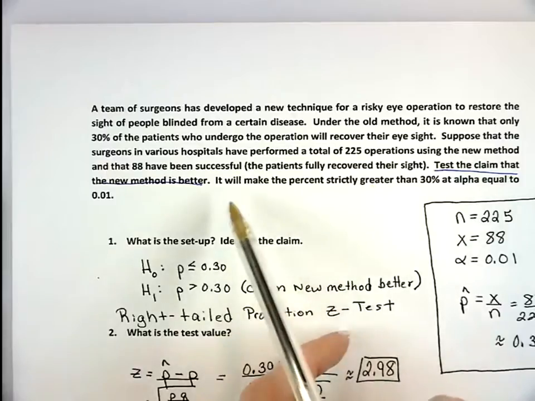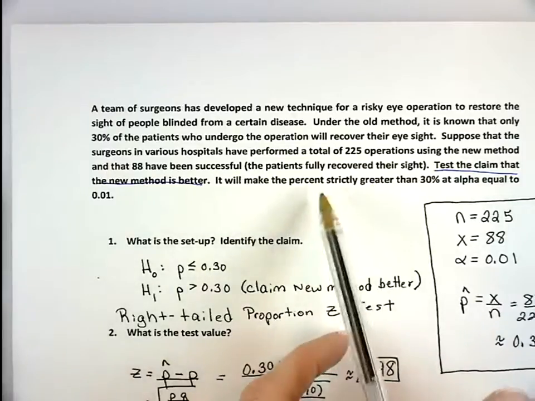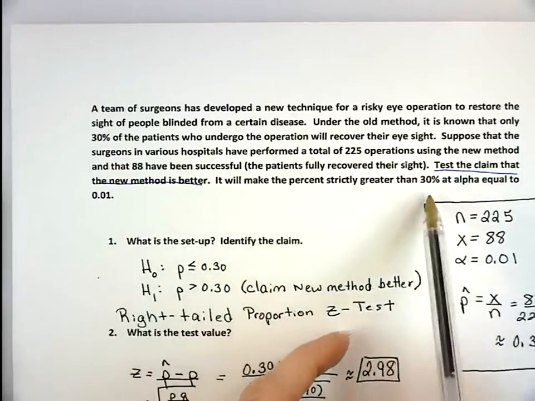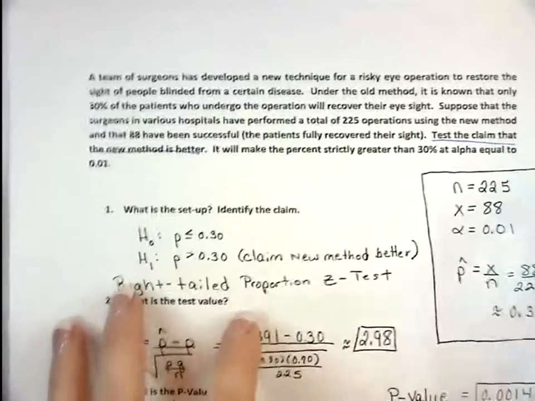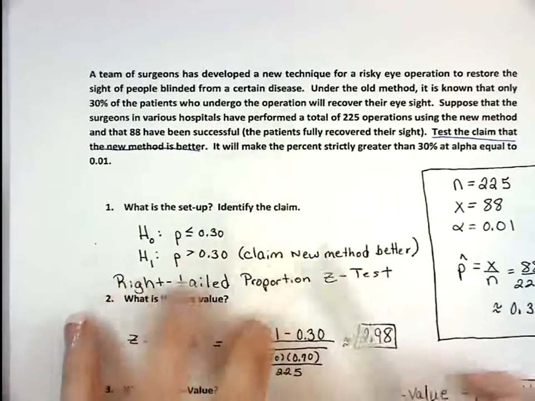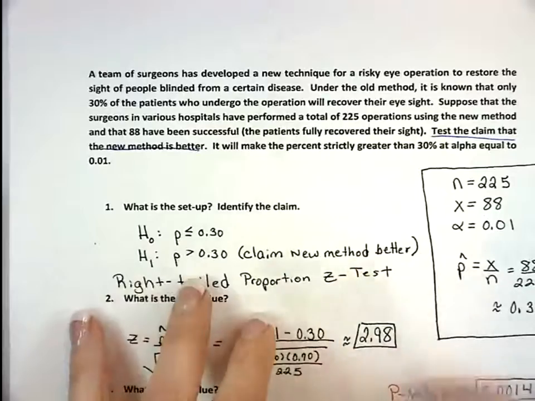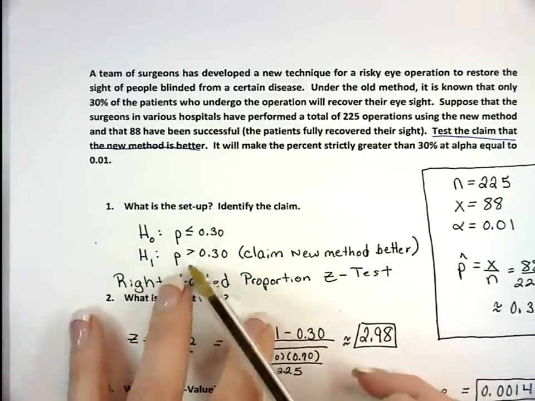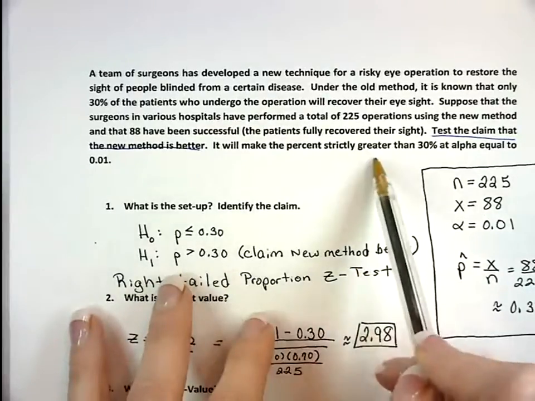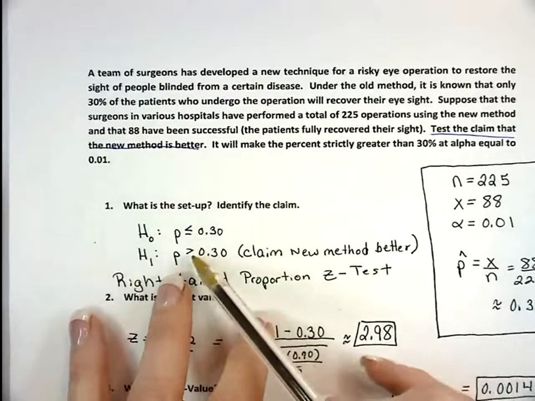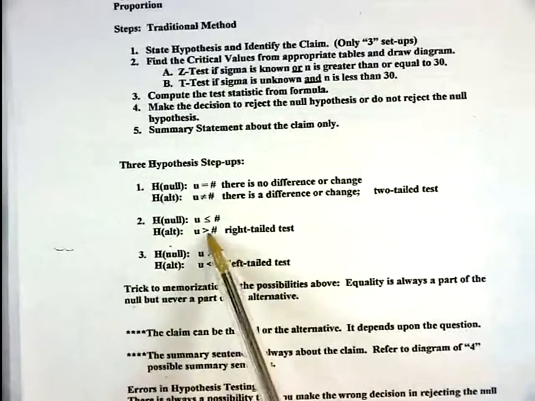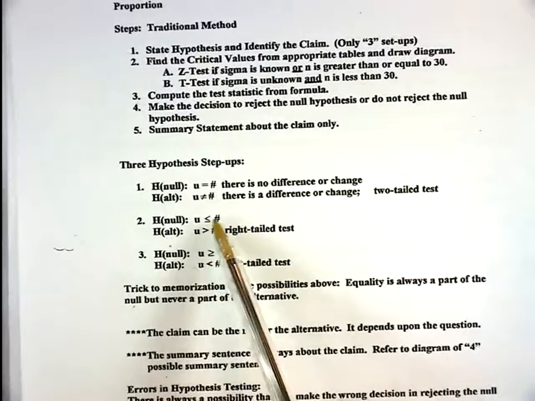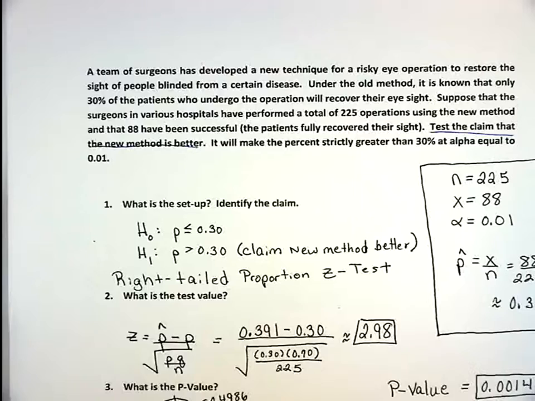That makes the percent p strictly greater than 30% at alpha equals 0.01. So here's the setup. If the new method is better than the old, the percentage is strictly greater than 30%. And if you look for greater than with your sheet, it occurs here. Therefore, the null is less than or equal to, and the alternative is greater than.